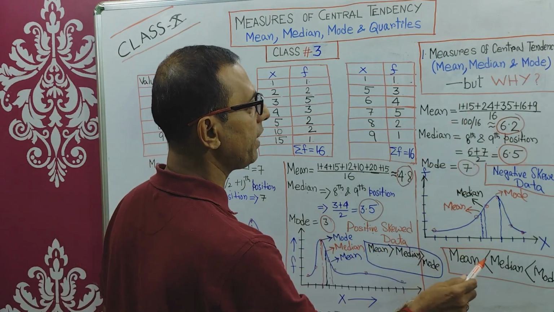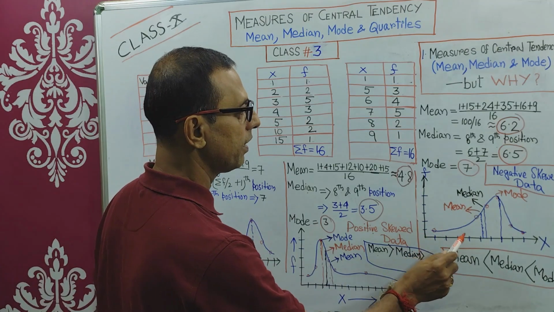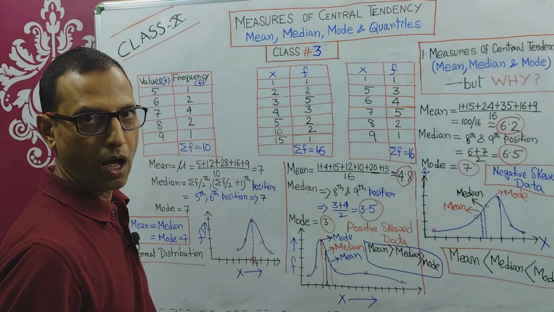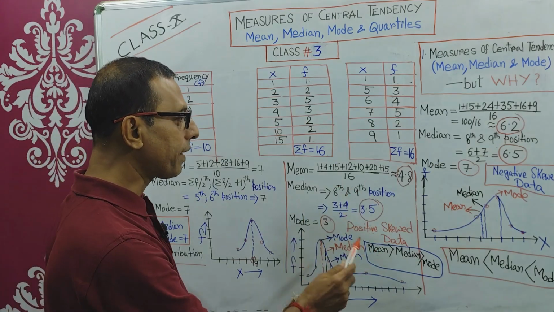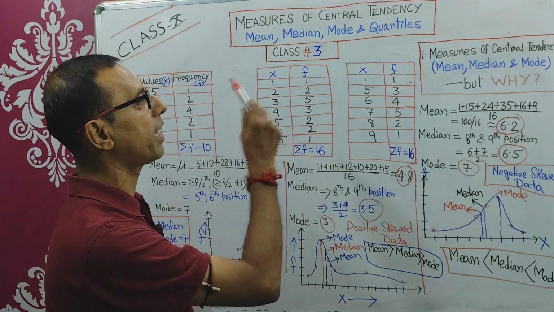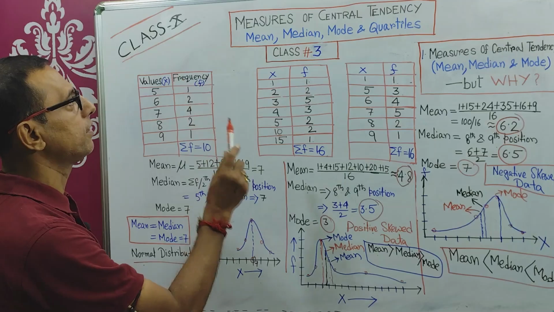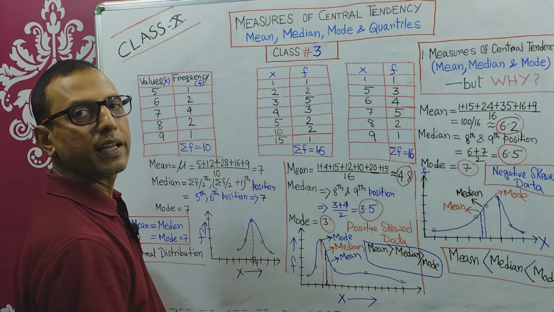And if the mean is less than median and mode, that means it is a negatively skewed data. So that represents the nature. One single relationship or value represents the entire set of data distribution. That is why it is called the central tendency.